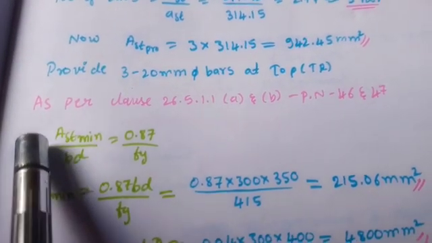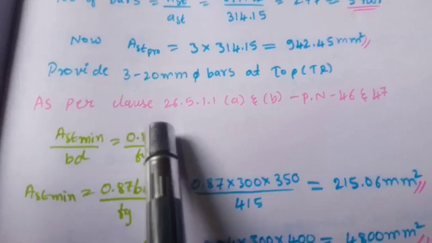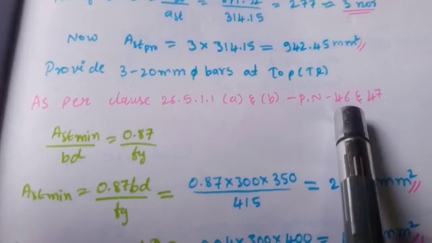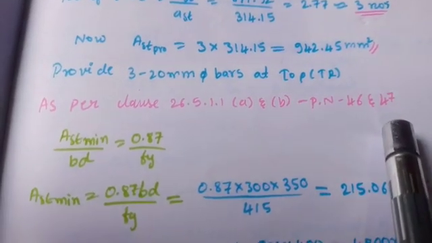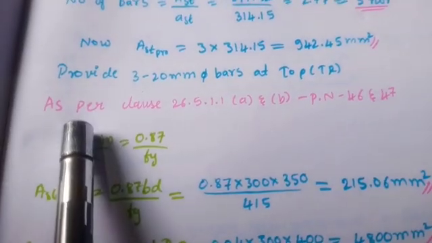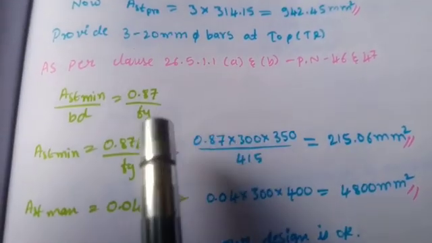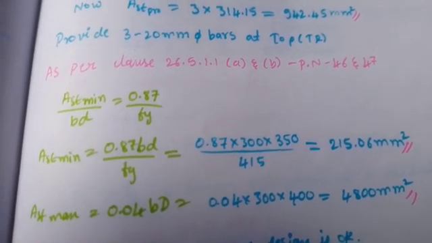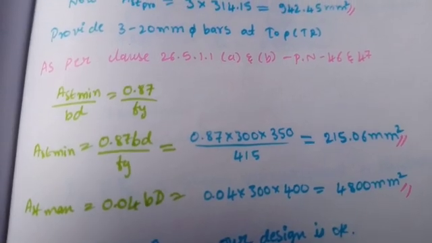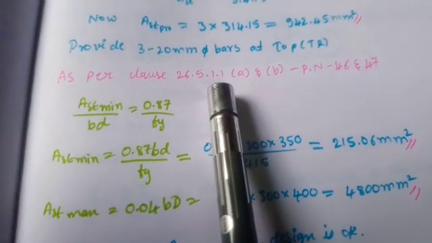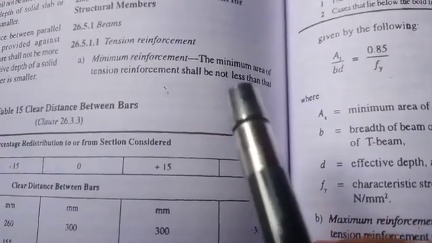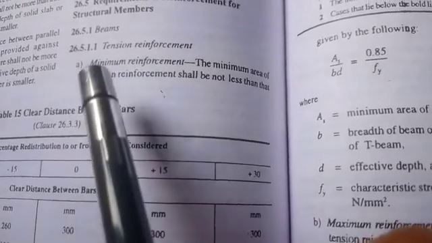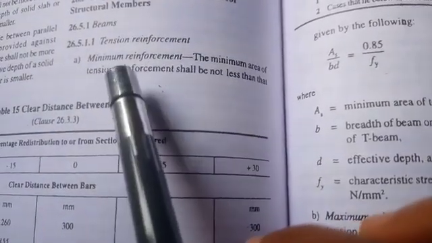So next is as per clause 26.5.1.1 A and B, that's given on page number 46 and 47. What it says, we'll see. So we need to calculate the Ast minimum and Ast maximum, the area of minimum reinforcement and area of maximum reinforcement as per clause 26.5.1.1. So this is page number 46, clause 26.5.1.1 tension reinforcement, minimum reinforcement.